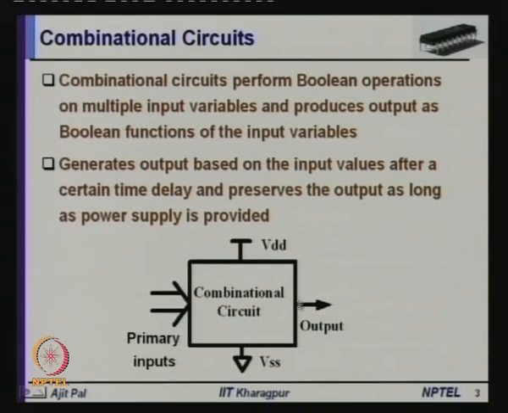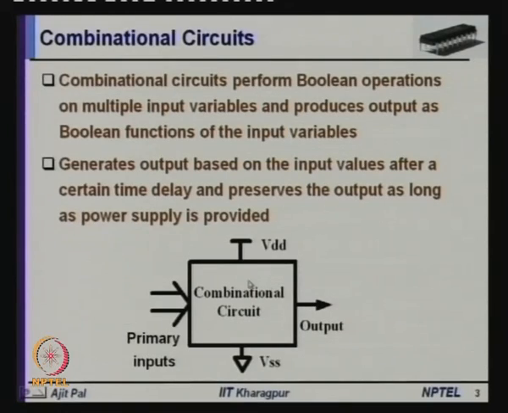However, the output value that we get will be obtained after a certain delay, because the combinational circuit will have some finite delay. As we have seen, even a single gate, NAND gate or NOR gate, has some finite delay. Whenever you are realizing a circuit with a complex network of gates, obviously delay will be larger, maybe 3 or 4 gate delays or more. That means it will be a multi-level gate network realization.